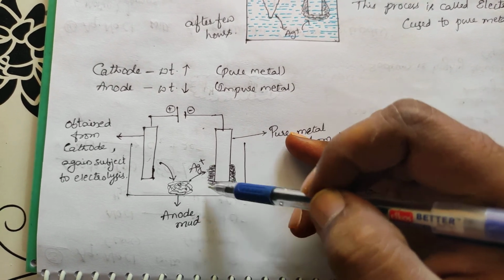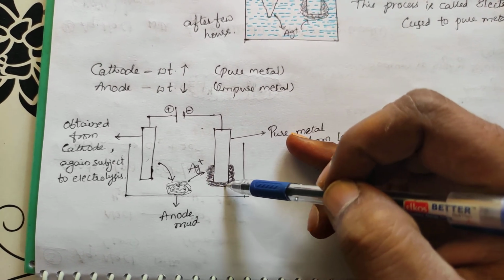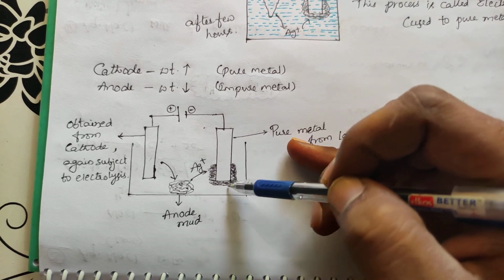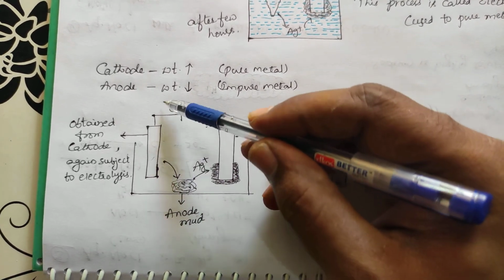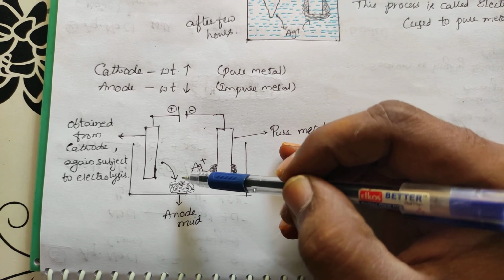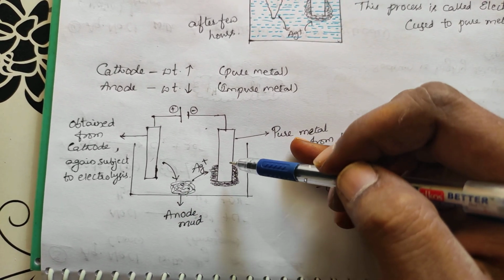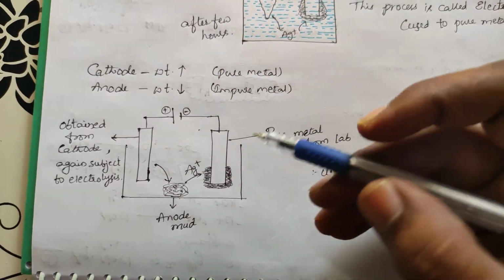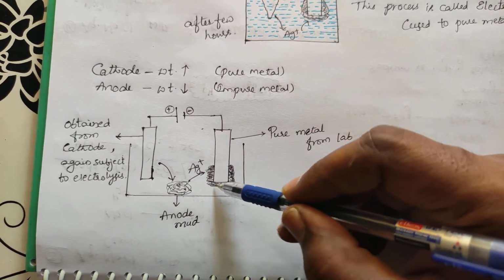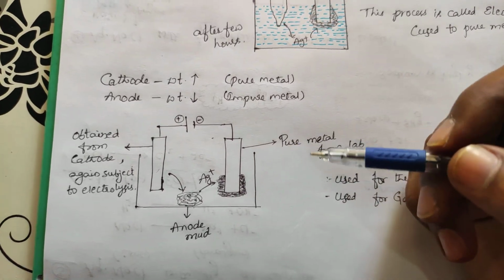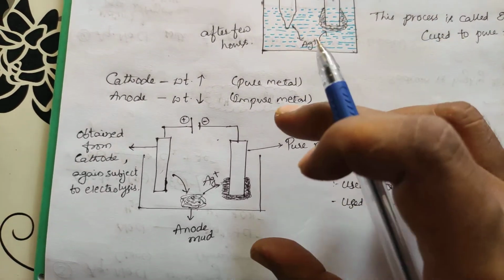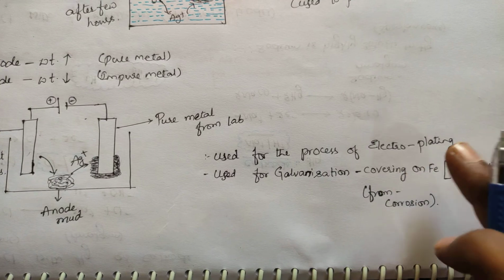If you still have any doubt, this deposit is collected, made into a rod, and again subjected to electrolysis. Again the pure silver comes and gets deposited on this one. By regular repetition, at one point you will get pure silver, 99.99%, deposited on the electrode. And this process is called electroplating.